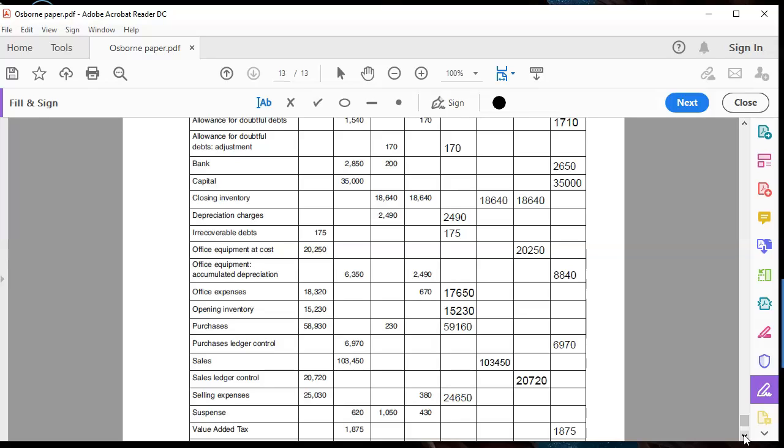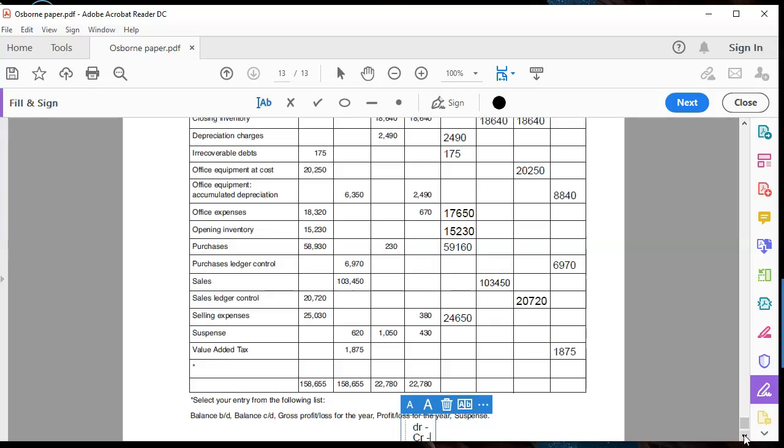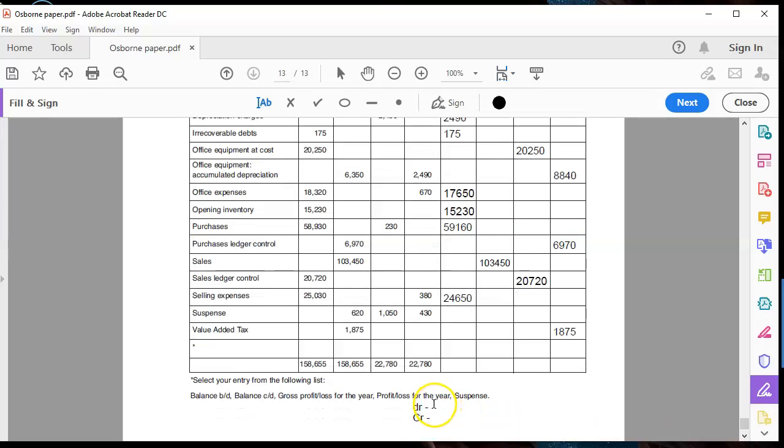So it is 170 plus 2490 plus 175 plus 17,650 plus 15,230 plus 59,160 plus 24,650. So my debit total is 119,525.